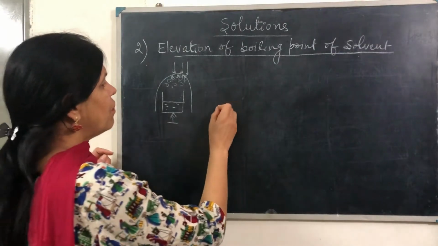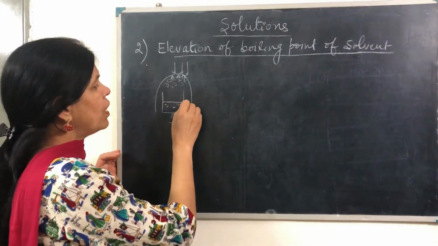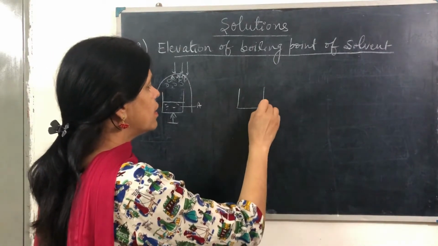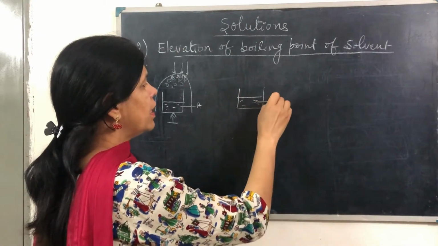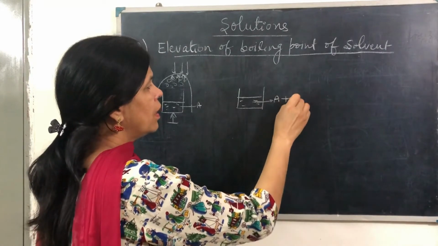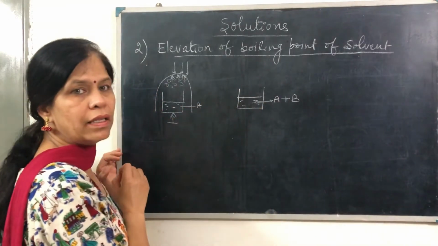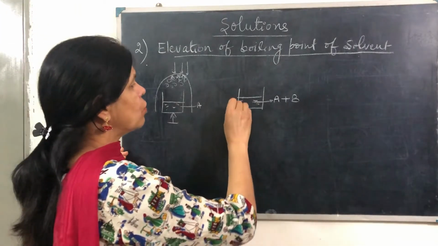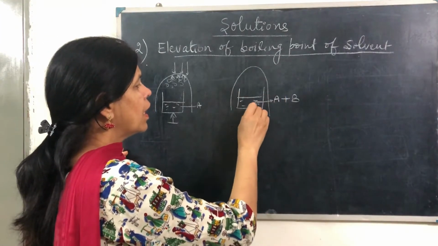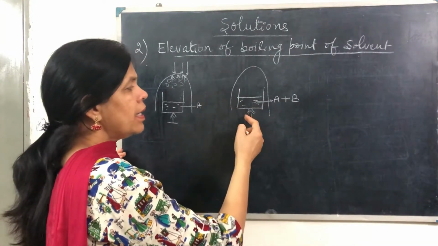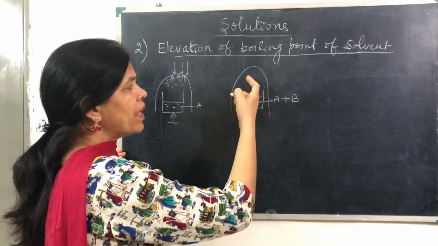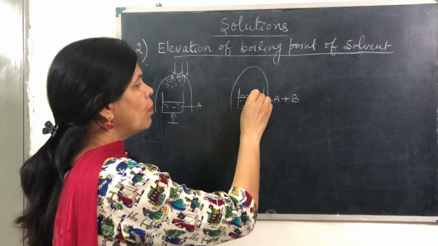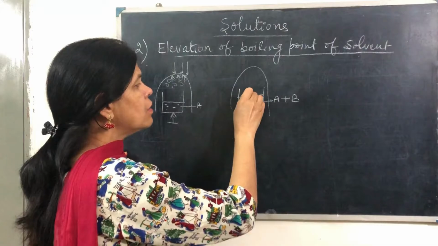What happens when I add non-volatile solute? Initially it is only A component, and now I'll take another container. I have taken A, which is solvent, maybe water. I'll add some non-volatile solute. We are studying all colligative properties by addition of non-volatile solute. Again, it is a closed container. I'll heat it. Initially when I heat it, vapor pressure may not be enough because now the surface is also occupied by non-volatile solute.